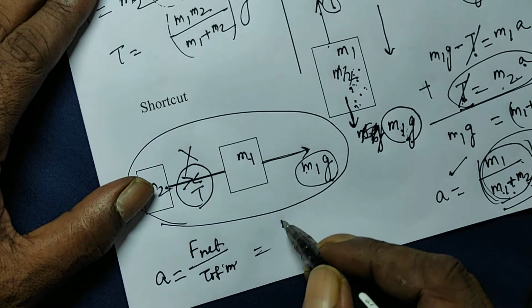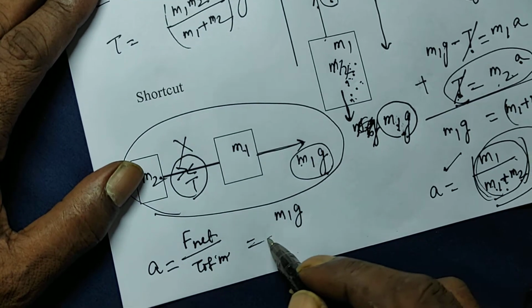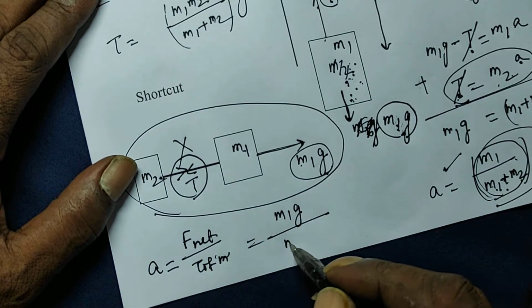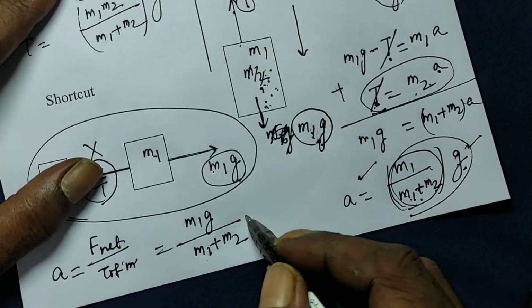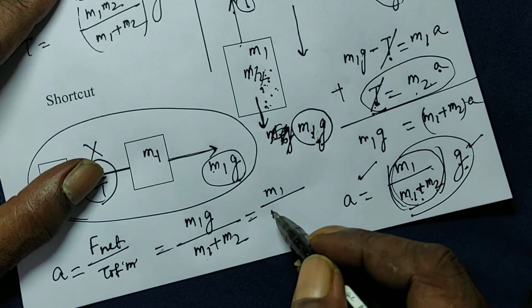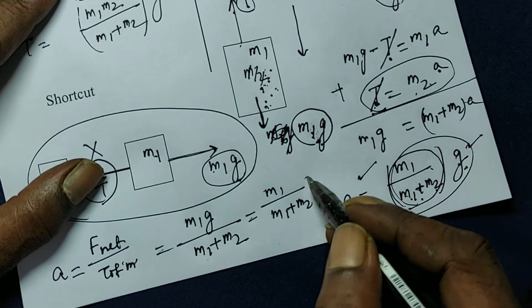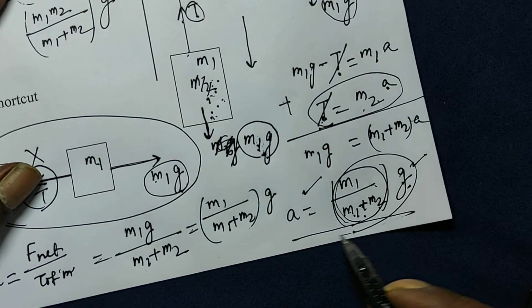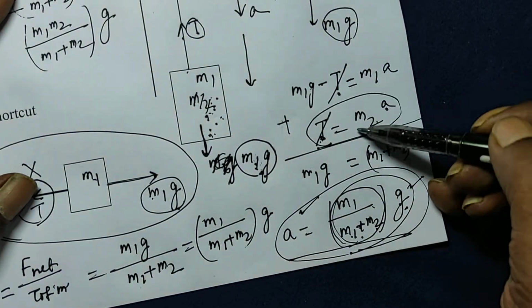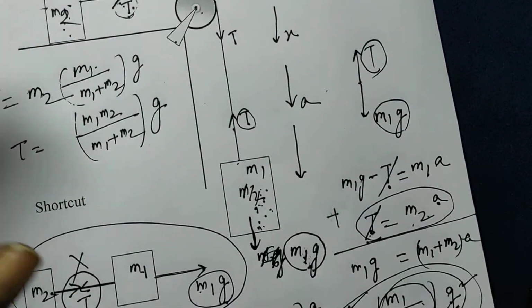That is m1g over m1 plus m2, and you can rewrite it as m1 over m1 plus m2 times g. That is the same thing as we derived here by solving these two equations. So that is the fastest way.